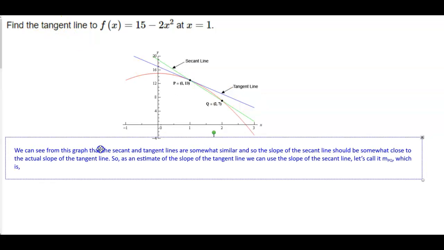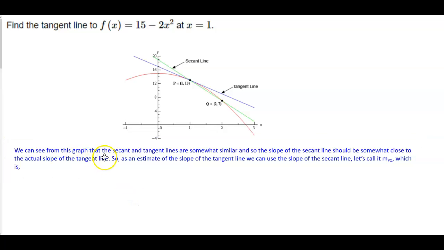Now, we can see from this graph that the secant and the tangent lines are somewhat similar. And so the slope of the secant line should be somewhat close to the actual slope of the tangent line. So as an estimate of the slope of the tangent line, we can use the slope of the secant line, and we're going to call it m with a subscript of PQ because we're finding the slope of PQ, which is the following.